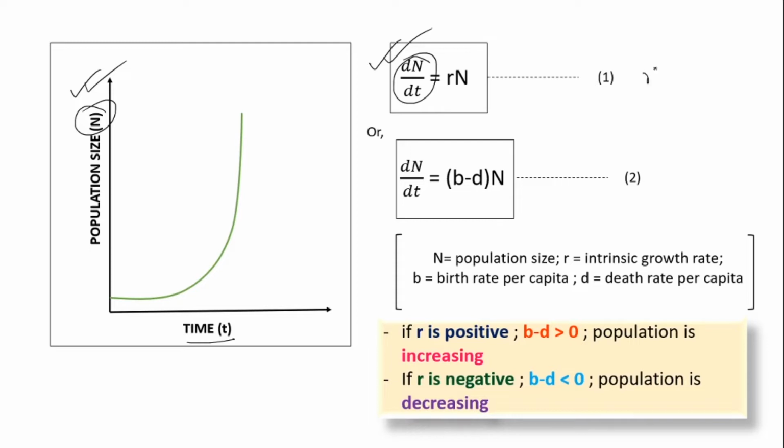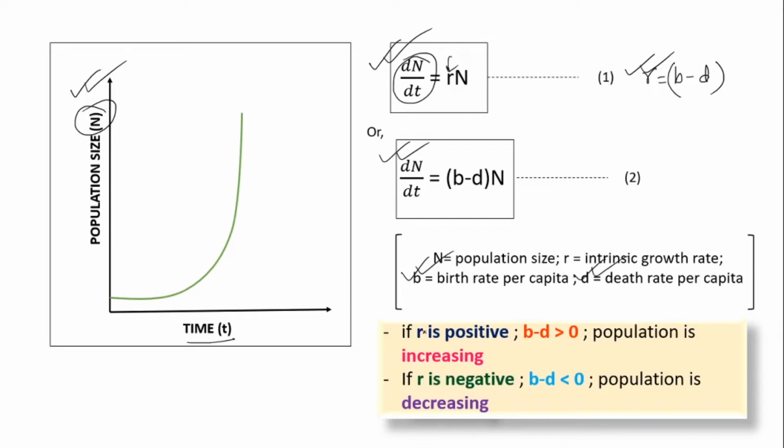And the intrinsic rate of increase, denoted as r, is the difference between the birth rate and the death rate. If we put this in place of r, we will obtain dN/dt equals (b minus d) into N. Here b equals the birth rate per capita and d is the death rate per capita.